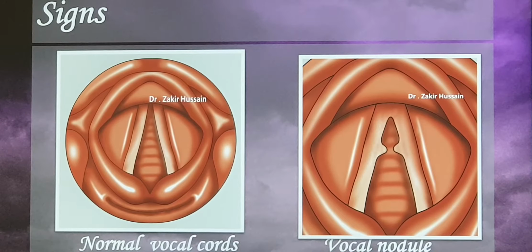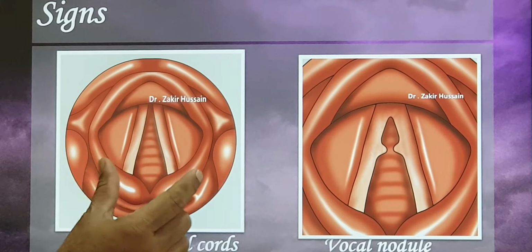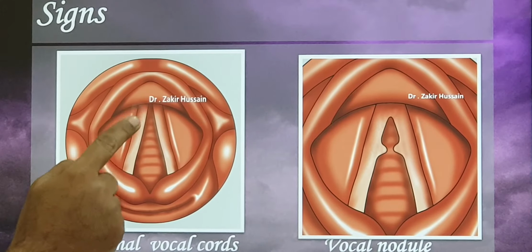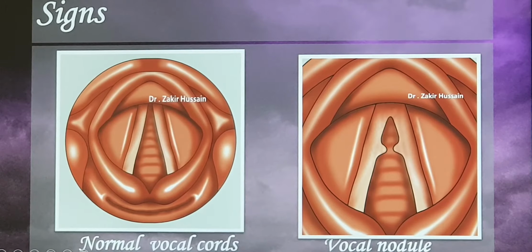Normally when the vocal cords move, the edges approximate, they touch each other, and the maximum vibratory effect is seen at the junction of the anterior 1/3 and posterior 2/3.